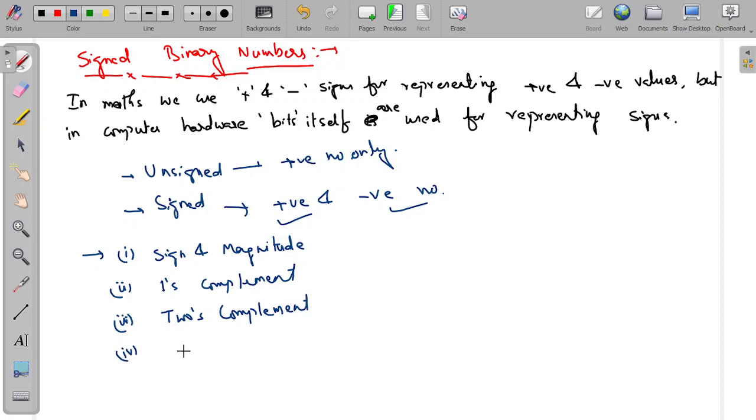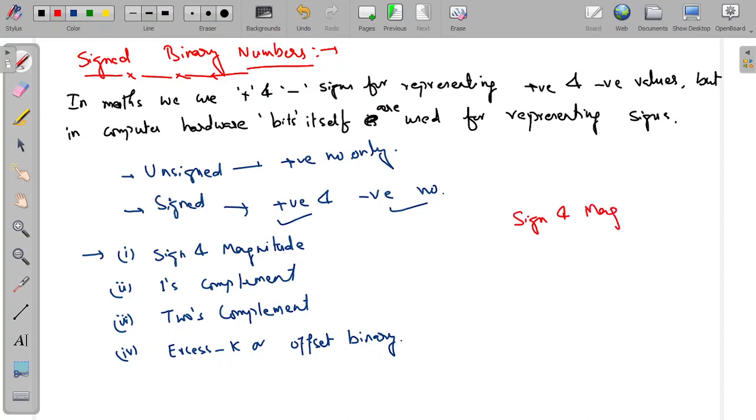And then we have excess-k, also called offset binary method. There may be some other methods, but these are the most commonly used and four best known methods for representing signed numbers. So I'll start with the first one, that is sign and magnitude.